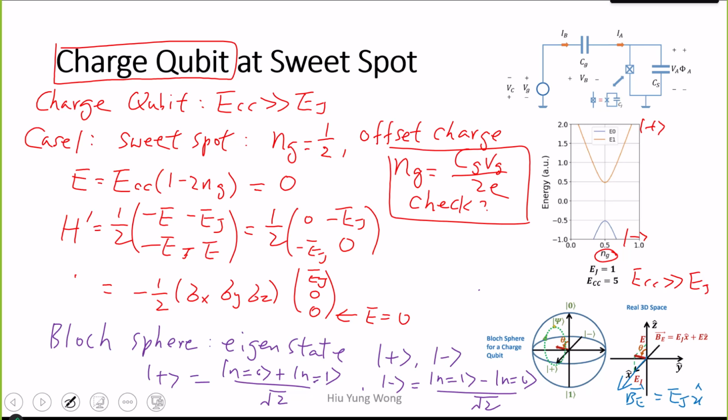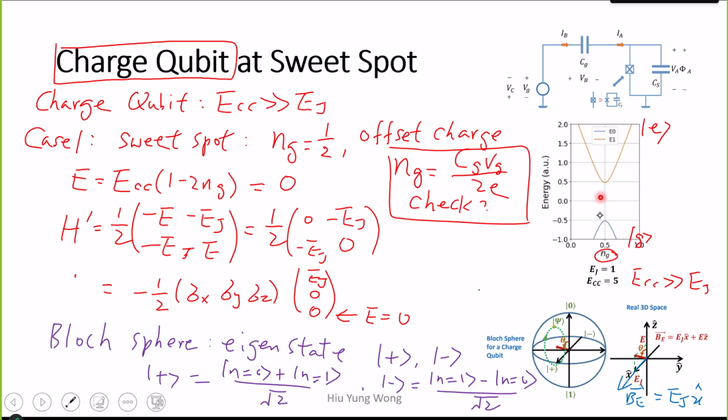Which one has a lower energy? You need to solve it, and I forgot which one has lower energy, so let me just call this ground and this excited, but you can refer to the book to know whether it's higher or lower. I think plus should be lower energy, and minus is higher energy.